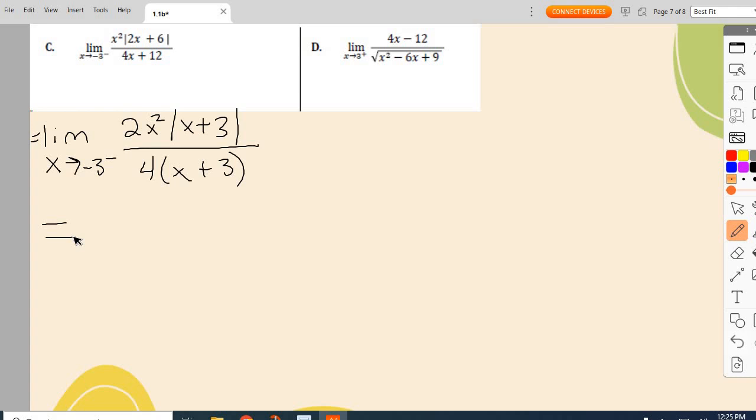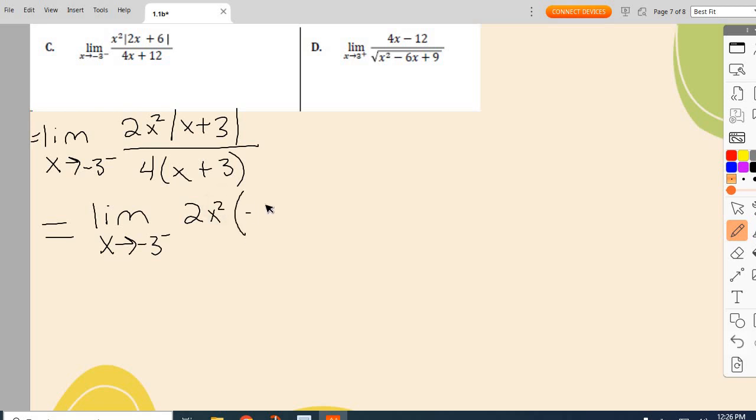However, which case do we actually really only care about? The negative case, because we are approaching negative 3 from the left, and negative 3 is what makes that absolute value 0. So anything that we plug in that's to the left of negative 3 is going to make that inside part negative.